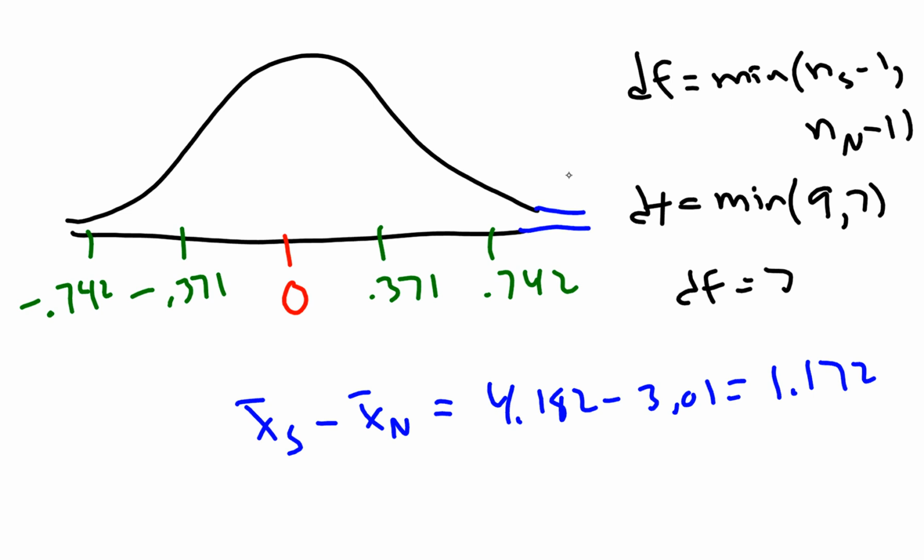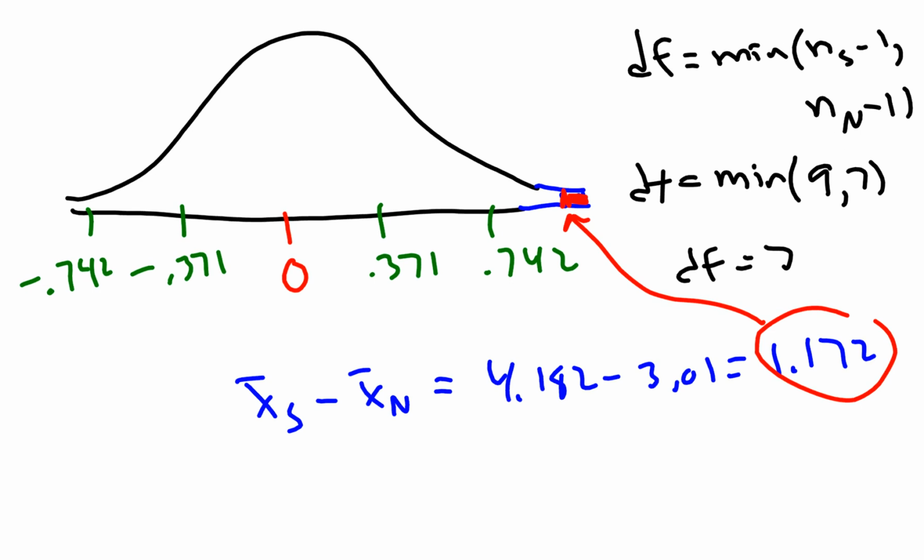Looking at our t-distribution over here, that's going to be out here somewhere. Let's mark it in red, be dramatic about it. Right there is probably our number. So it's pretty far away from the mean. We should go calculate a t-test statistic and see what we get.